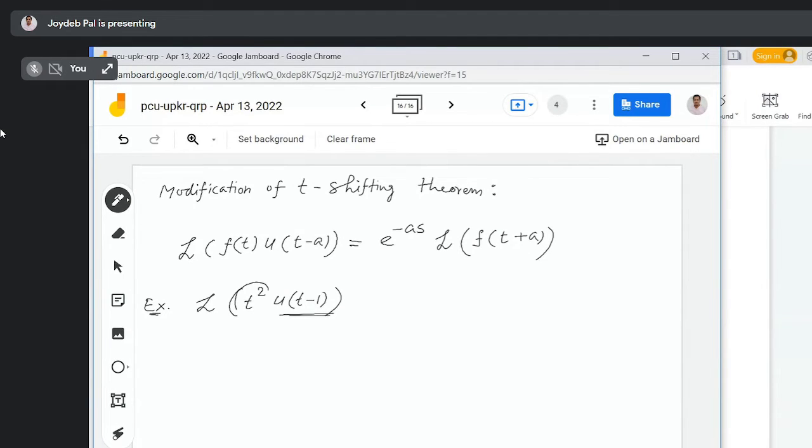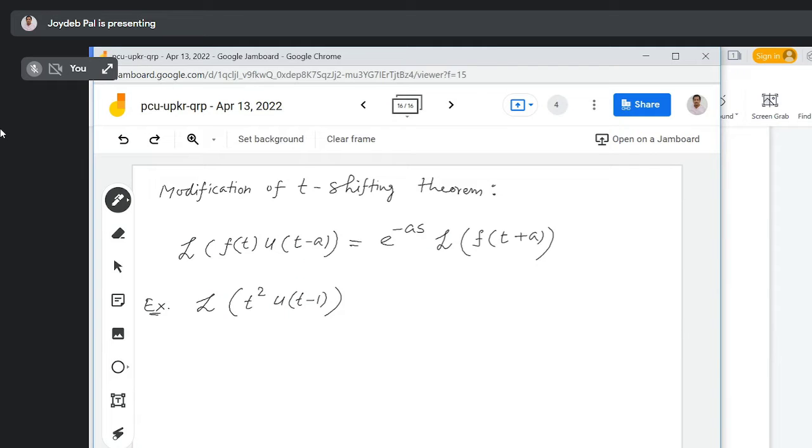Then this f(t) should also be a function of t minus 1, then only we can apply the T-shifting theorem. But it is not a function of t minus 1. So to apply the T-shifting property, you have to express the function t square in terms of t minus 1. Do you get it, everyone?